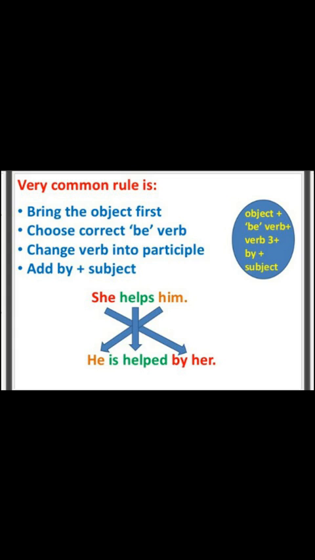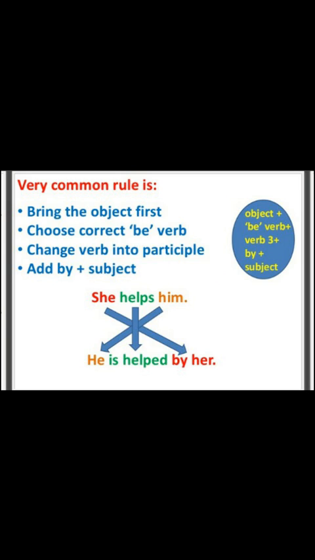It is a present indefinite tense sentence, so choose the correct be. It means you have to choose the correct helping verb. For he, in the present indefinite tense, the helping verb is is. Okay, he is.